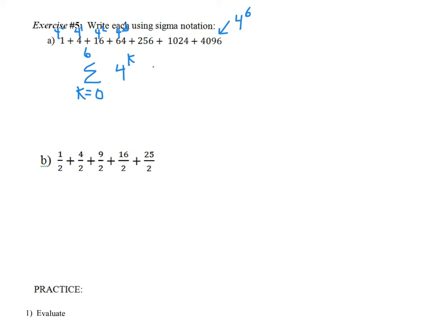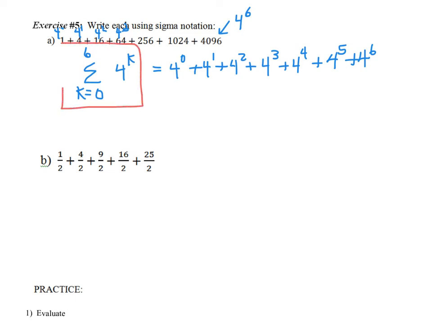If I just try that out, I'm going to have 4 to the 0 plus 4 to the first plus 4 to the second plus 4 to the third plus 4 to the fourth plus 4 to the fifth plus 4 to the sixth. Does that match what we're given? 1 plus 4 plus 16 plus 64 plus 256 plus 1024 plus 4096. So our answer would be this sigma notation right here.